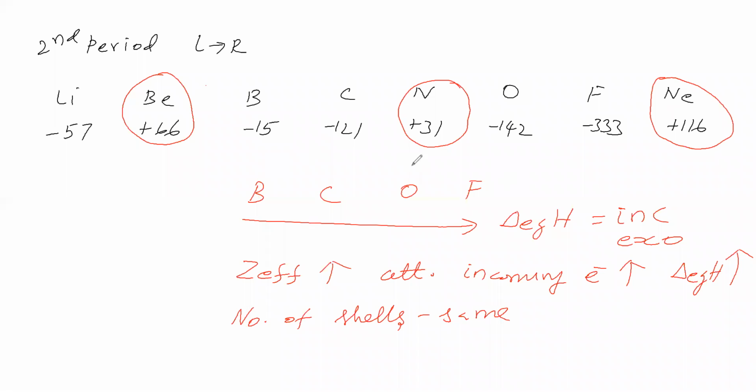Along the period itself, there are many exception cases. The second period contains 8 elements, but we have considered only 4, because the remaining are exceptional cases. If the question is asked superficially, how electron gain enthalpy varies in a period, we have to say it increases. But if a particular pair is mentioned, like lithium to beryllium, lithium to boron, or carbon to nitrogen, then we cannot give this general explanation.